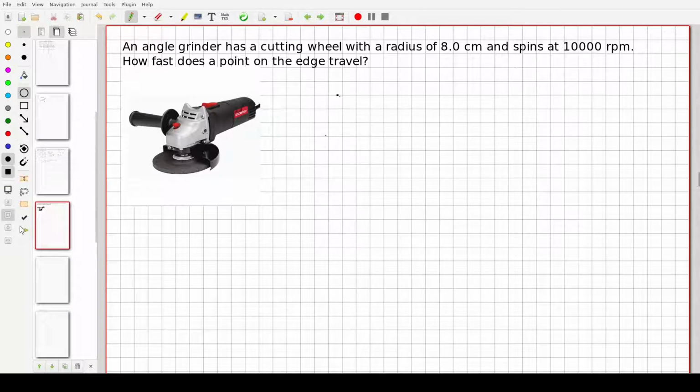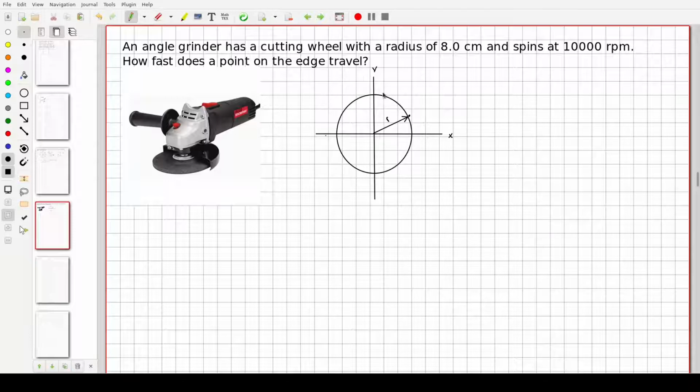So again, let's draw us a picture. This would be the disk from our angle grinder, and here is a little coordinate system centered on the center of that disk. Okay, and this would be a radius vector pointing to the outside part. Right here, we'll say, is roughly as this thing spins, but we want to find out how fast it moves.